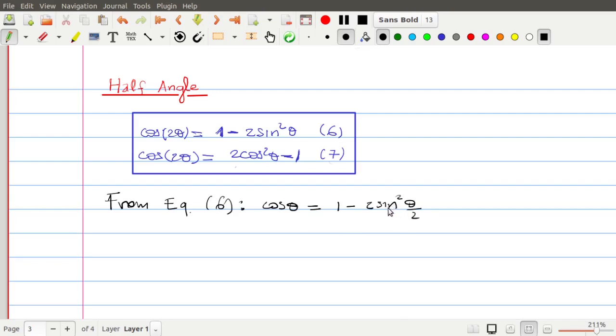So this is what we have. And from this, we can extract the sine from this expression. So this implies that, taking the sine to the left and cosine to the right, we have 2 sine squared theta by 2 is equal to 1 minus cosine theta, and from this we divide both sides by 2 and we apply the square root.